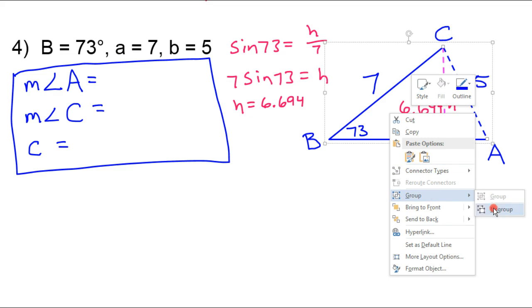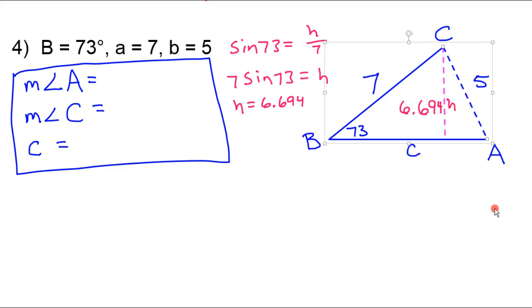Let me see if I can ungroup this so I can demonstrate better. My computer's moving really slow. All right, so look at this swing side that we have. This is length 5. Now, if the height of the triangle is approximately 6.7, then this side of 5 is not going to quite reach the ground, is it?